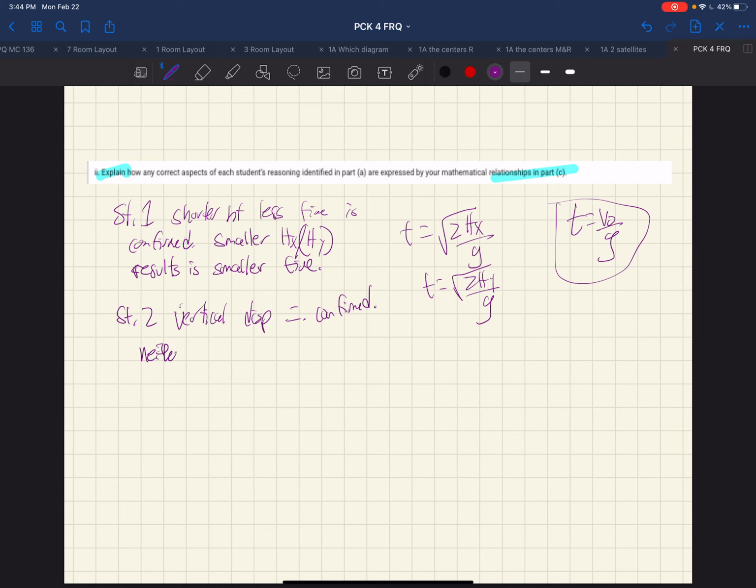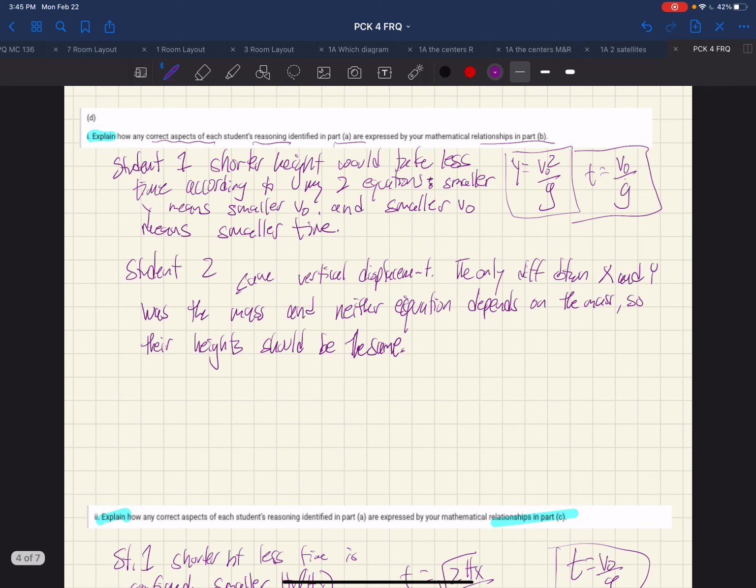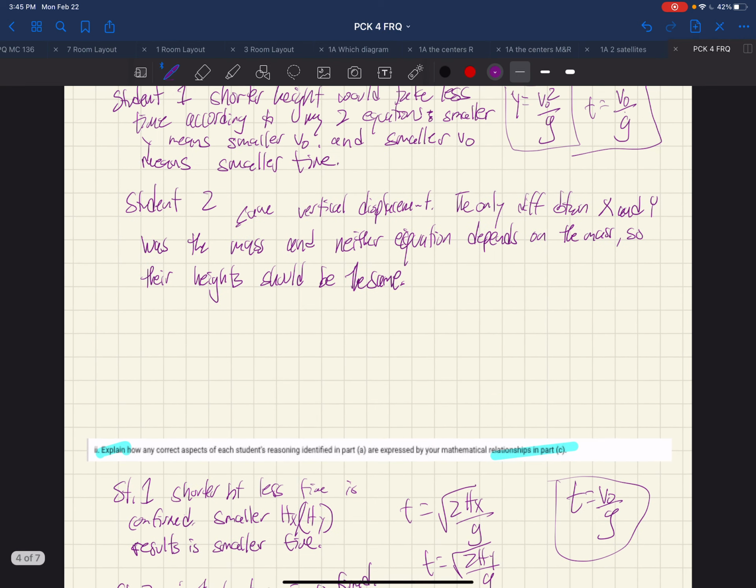Neither equation's output of time or height depends on the mass. And that is the first FRQ.